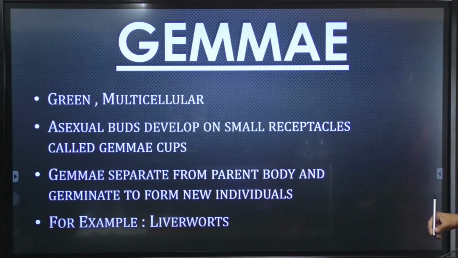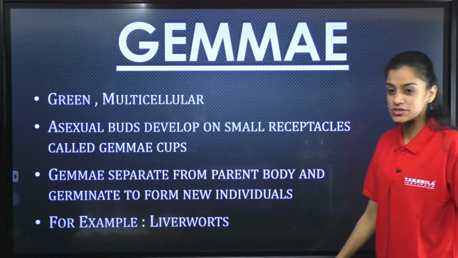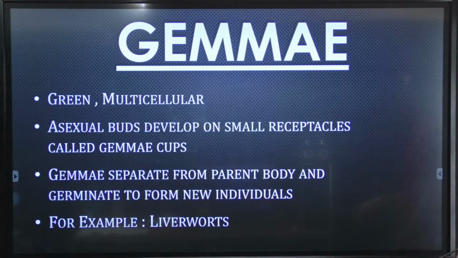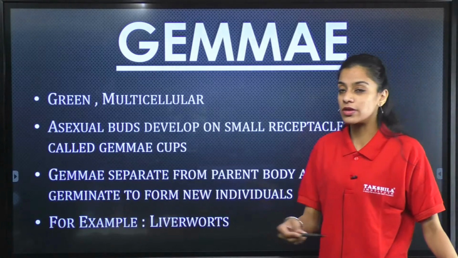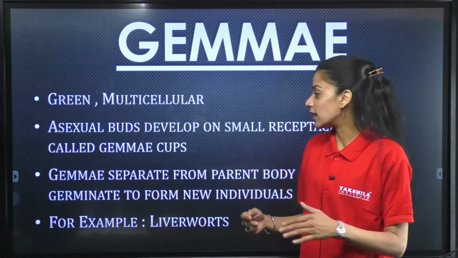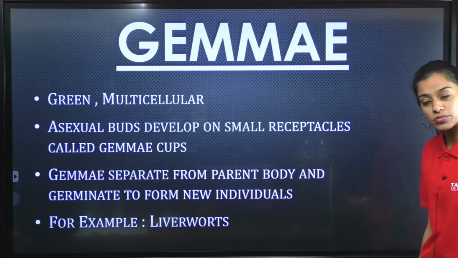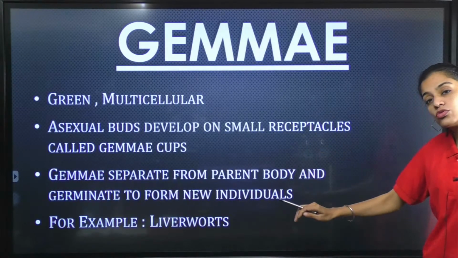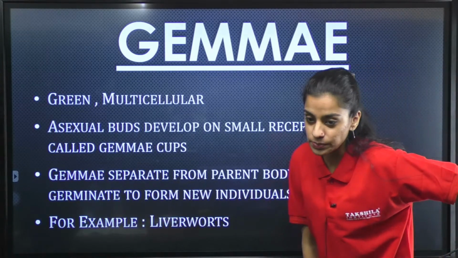Then you have the asexual buds, which develop on small receptacles, which are referred to as your gemma cups. And gemmae separate from the parent body and germinate to form the new individual. So they will be detaching and germinating, separating from the parent body, and then germinating to form a complete new organism. Right?